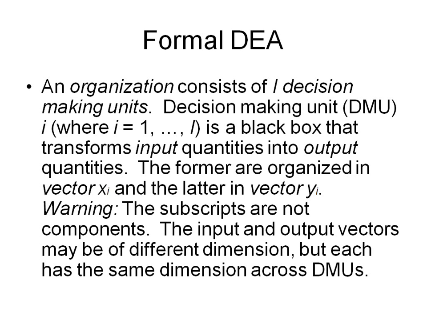Okay, the dimensions may be different. If inputs are labor and capital and outputs are very many commodities, then x is a two-dimensional vector and y is an n-dimensional vector. If you include the intermediate inputs, then x would be an n plus 2-dimensional vector and y would be an n-dimensional vector again.